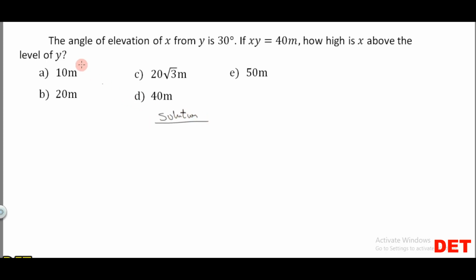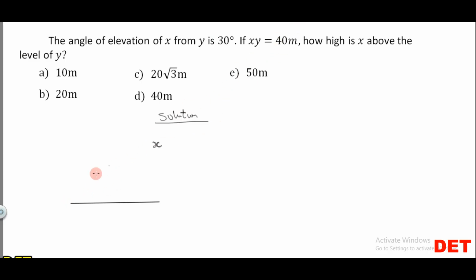Alright. So again, the question is the angle of elevation of x from y. So let's assume that x is here. The angle of elevation of x, this is our horizontal line. So you are looking at x from y.